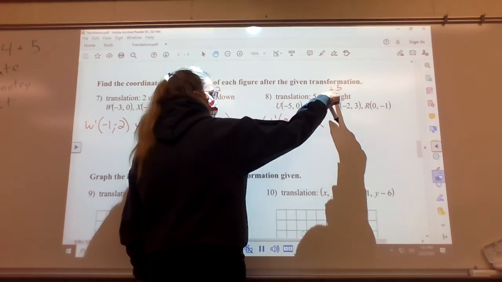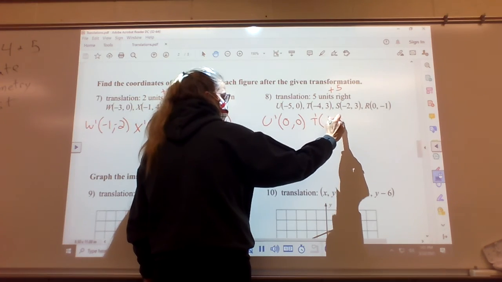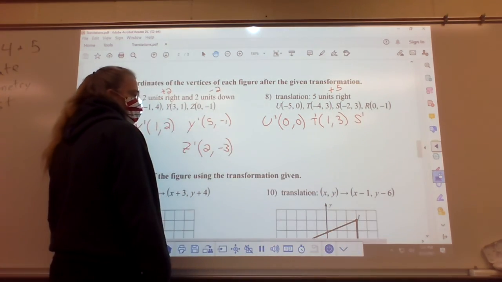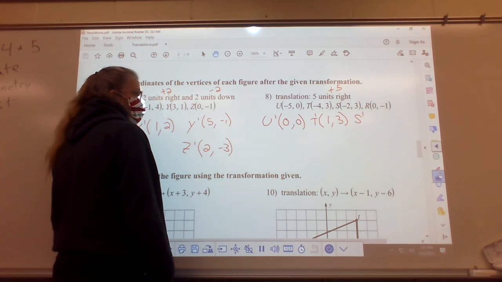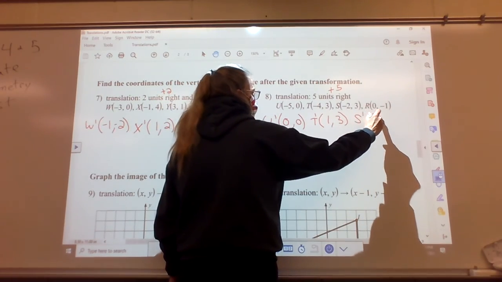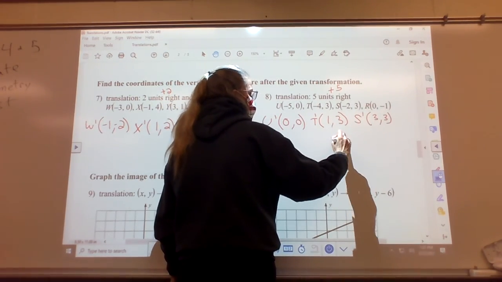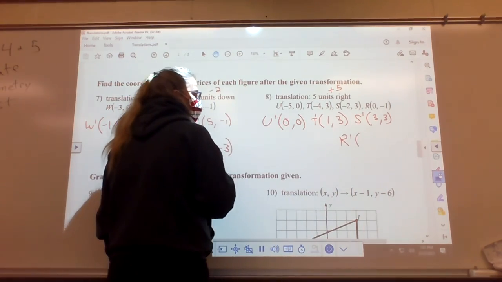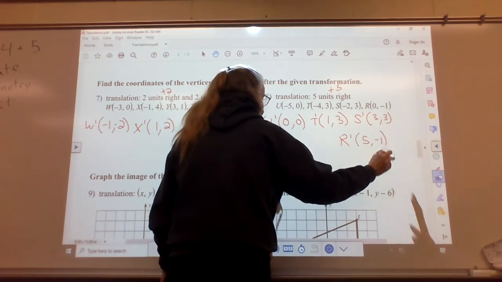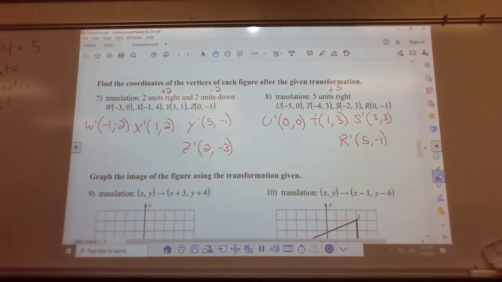So negative 4 plus 5 is 1. Don't change the y. My new S, my S prime, where did it end up? 3. So negative 2 add 5 is 3. So 3, 3. And then my new R, so 5, negative 1. So those are my new coordinates.